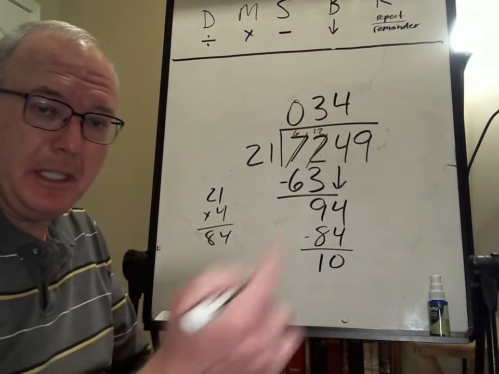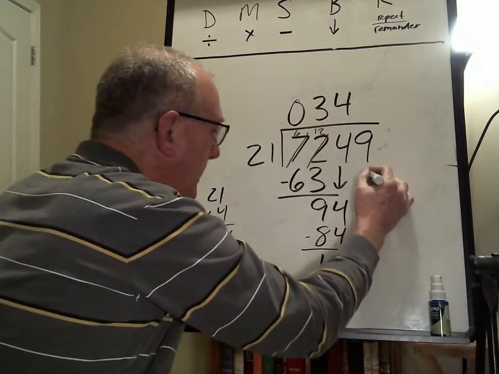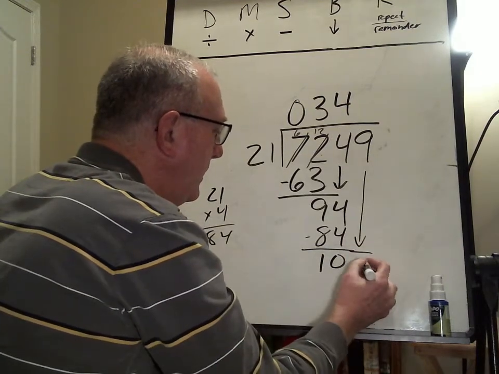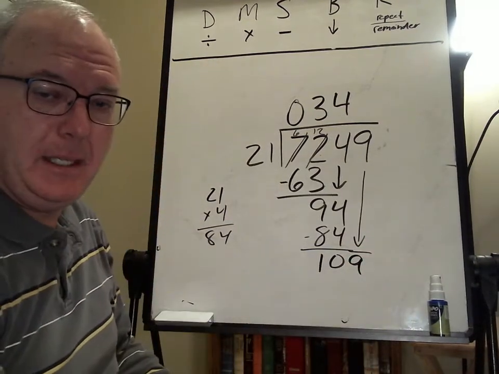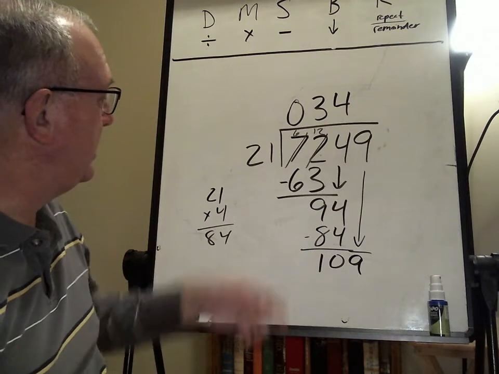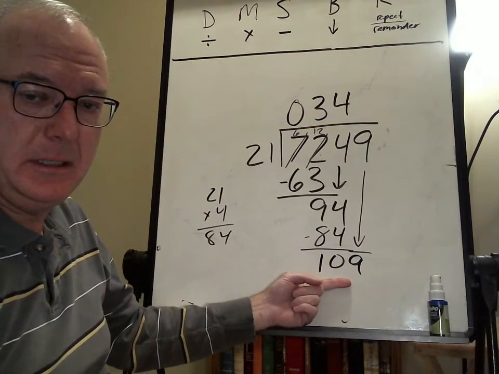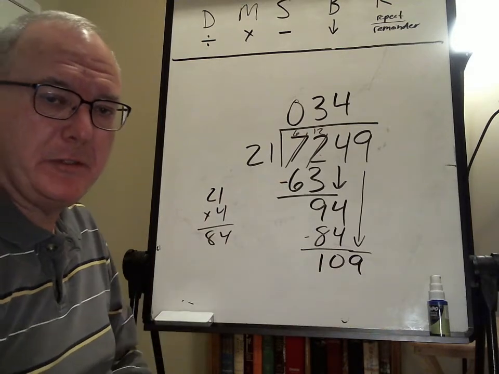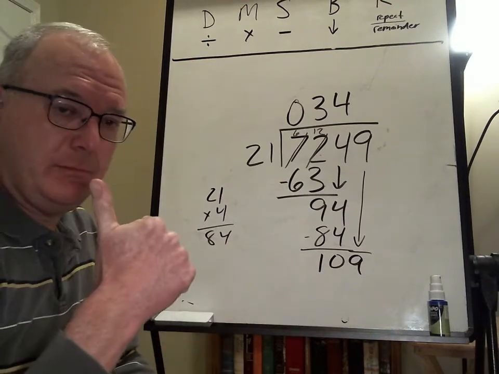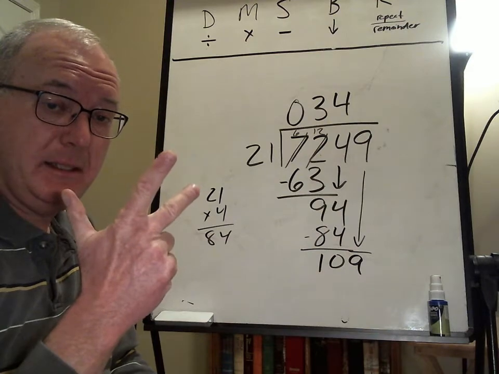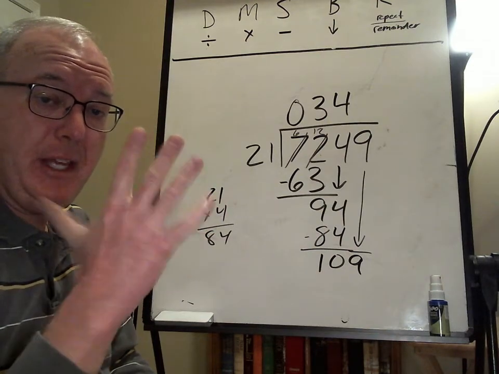And we cannot stop because we still can bring down. Right? And then one more time. This is about 20. This is a little over 100. So let's think how many 20s go into 100. 20, 40, 60, 80, 100. I'm thinking 5.